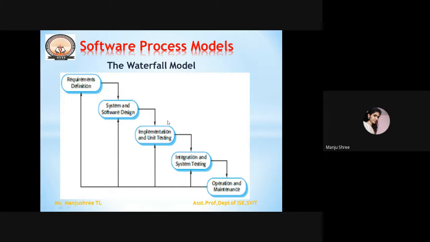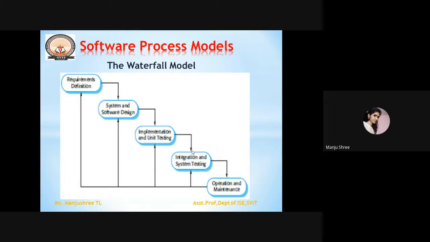During this stage, the software design is realized as a set of programs or program units, and unit testing involves verifying each and every unit or program to check whether it meets its specification. So that is the implementation and unit testing phase. The next phase in the waterfall model is integration and system testing.